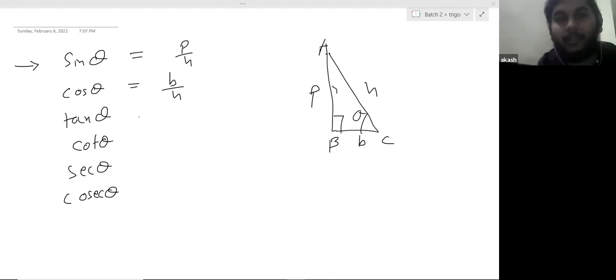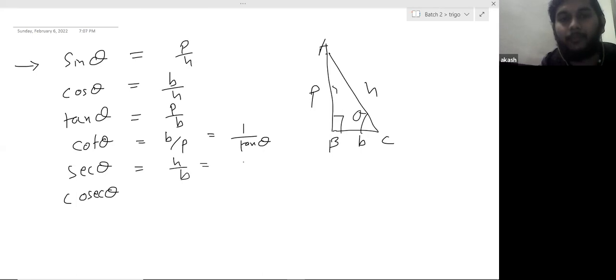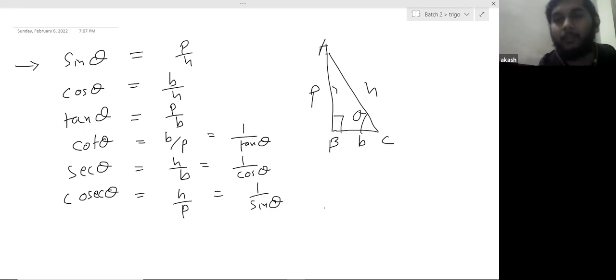Tan theta is p upon b. This is inverse of this. Sec theta is h upon b, inverse of cos theta, and this is h upon p, inverse of sin theta. We know all these values.